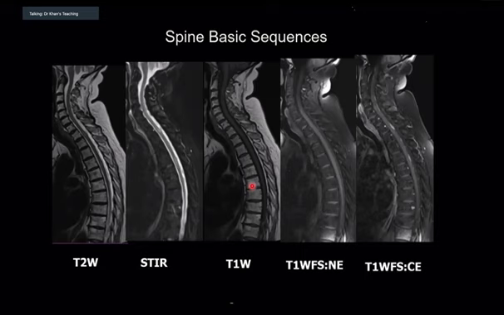And this is a STIR sequence, short tau inversion recovery. Please remember, by definition, STIR is a fat saturated sequence, so it will show edema very well. And this is a T1 fat saturated sequence, pre-contrast, and this one is post-contrast. Whenever we do a post-contrast in the spine, we do it with fat saturation.